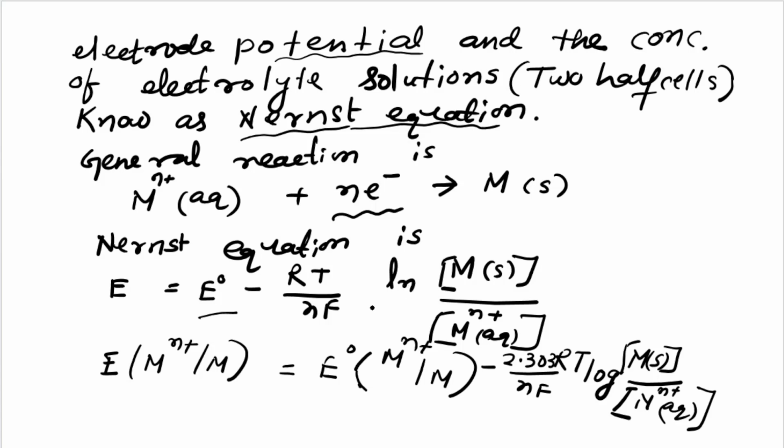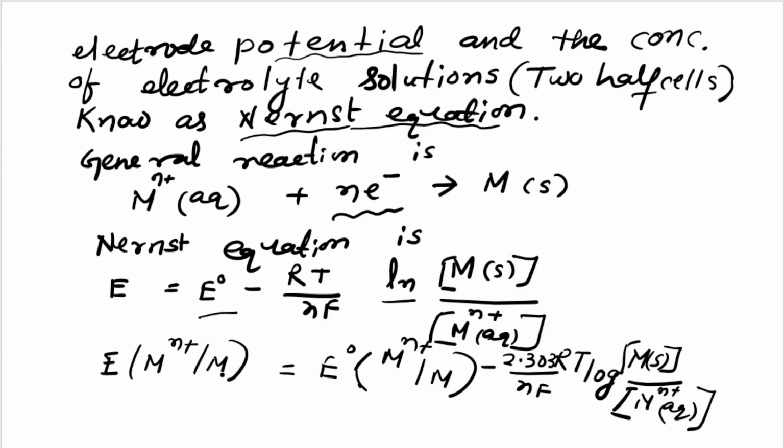Ln means 2.303 into log, of M solid concentration, where the solid concentration is always taken as 1, divided by M n plus, the aqueous electrolyte solution concentration.